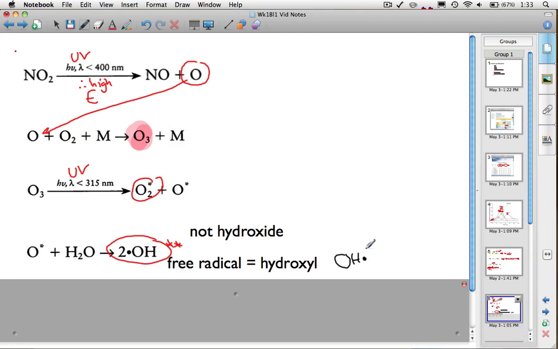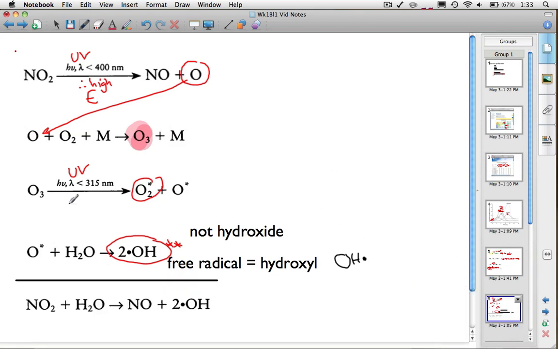On average it lasts less than a second before it reacts with something. But it's important because it can break down other junk in the air. This is complicated, but here's the punchline. All these things add up together to nitrogen dioxide, that air pollutant, reacting with water to recreate nitrogen monoxide and make hydroxyl.